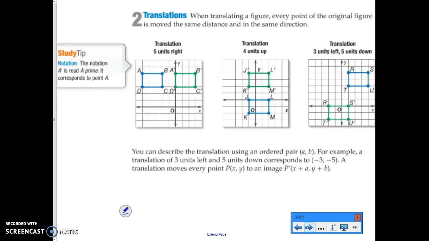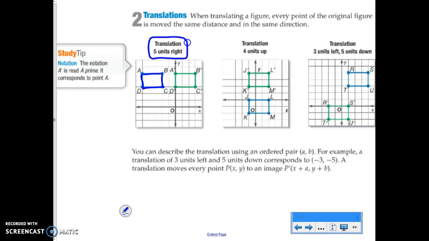So when translating a figure, every point of the original figure is moved the same distance in the same direction. So take a look at the coordinate plane on the left. It's the translation with 5 units to the right. So here they start out with your original figure written in blue.